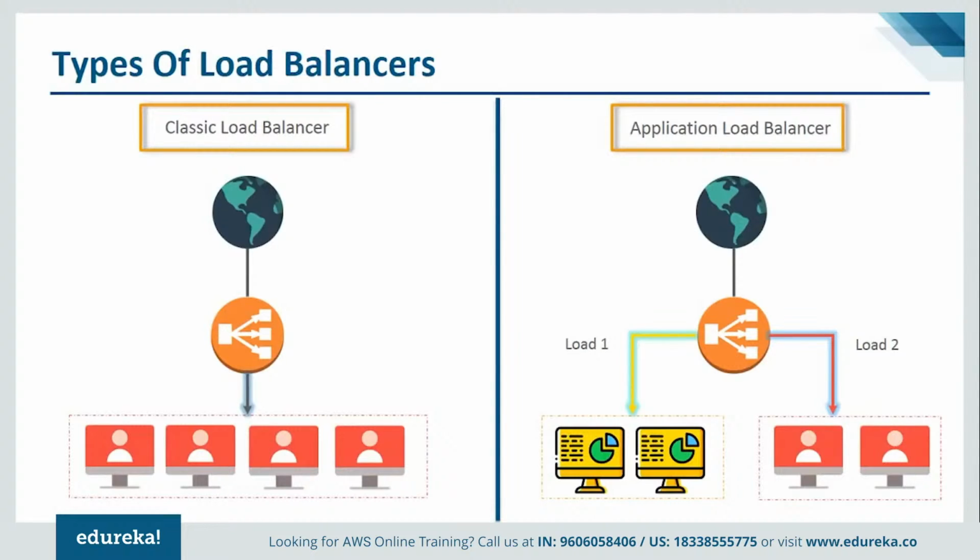All right, now when you have divided the traffic, again the same thing will happen here as happens in classic load balancer, that at this point it will equally distribute the traffic among the number of image servers, right? And similarly, the people who want to access the blog, it will equally distribute the traffic among the number of blog servers. All right, so this is what an application load balancer is all about.